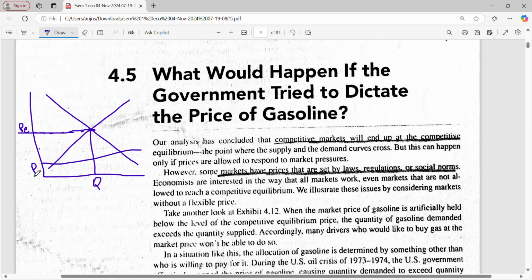So to avoid such situations, the government will interfere here, where the government will put a price floor. Either this commodity should be sold at this equilibrium price, or the price must not go under a particular price which the government sets.